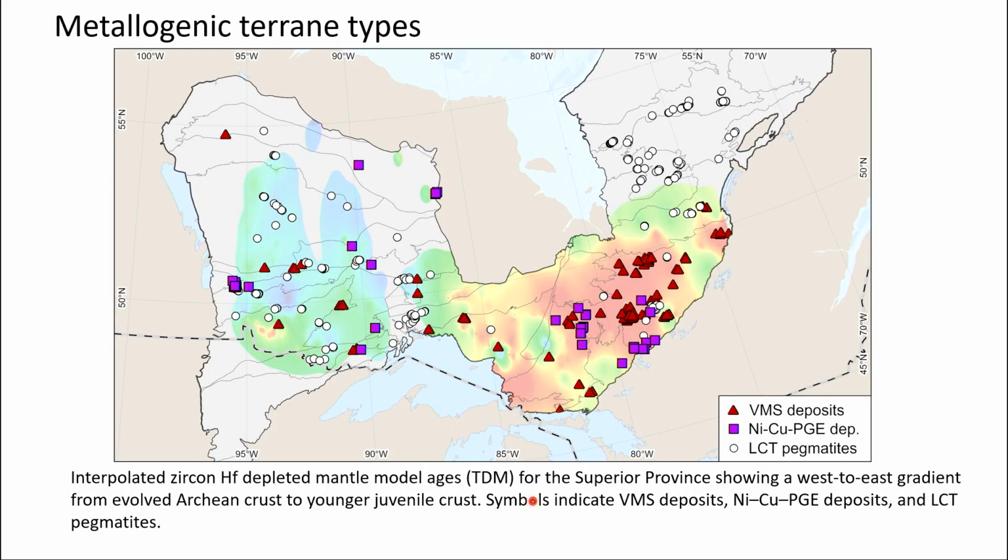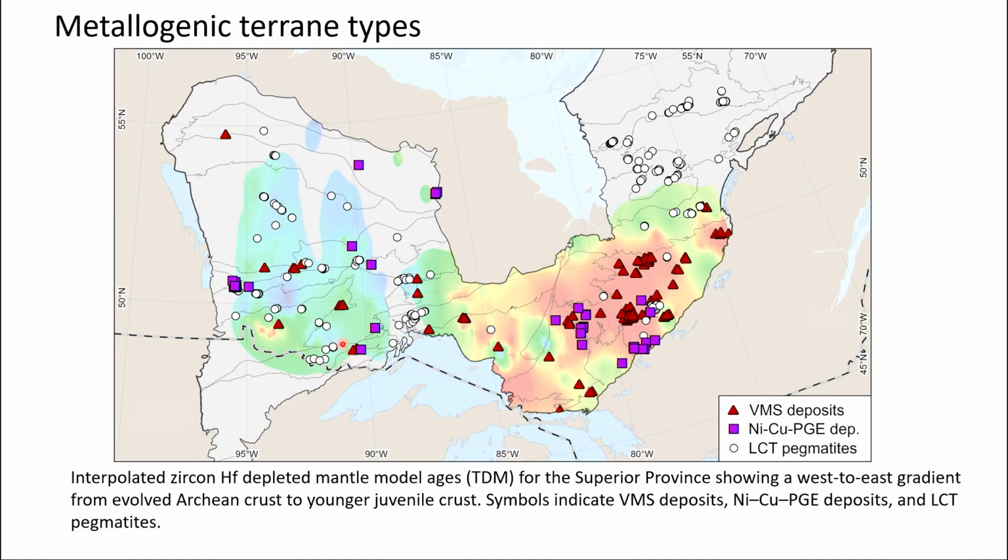But the interpolated zircon hafnium depleted mantle model ages for the Superior Province show a general east-west gradient from evolved crusts in the west to younger juvenile crust in the east. The symbols indicate VMS deposits, nickel, copper, platinum group deposits, and LCT pegmatites.